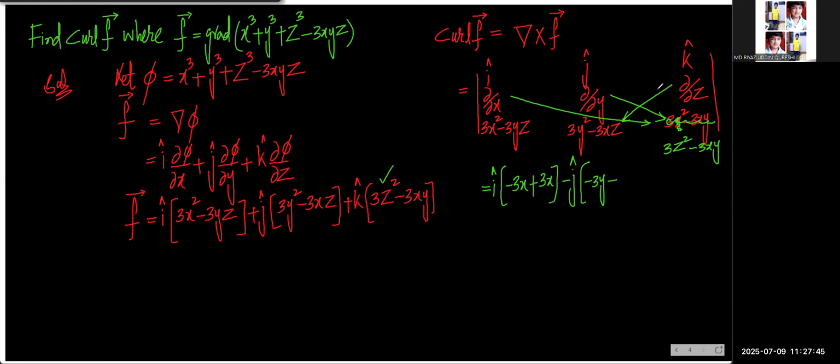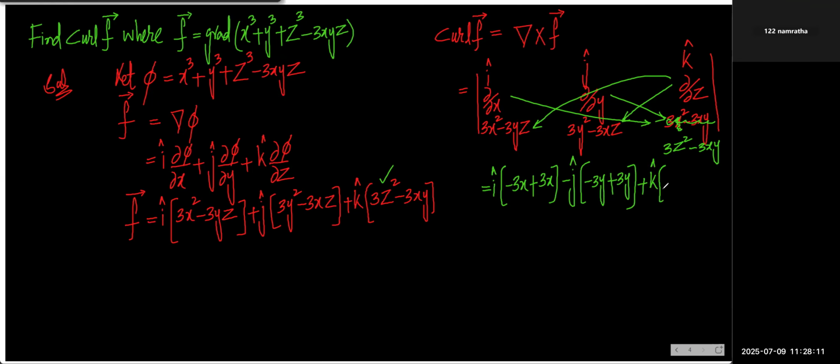Minus, when it goes to here with respect to z means minus into minus plus. So dou by dou y of 3x square minus 3xy is minus 3x. Dou by dou z we have to do this, with respect to z. Okay. Plus k cap.